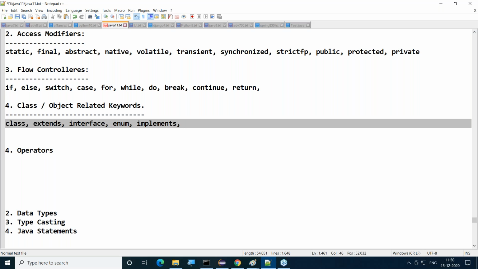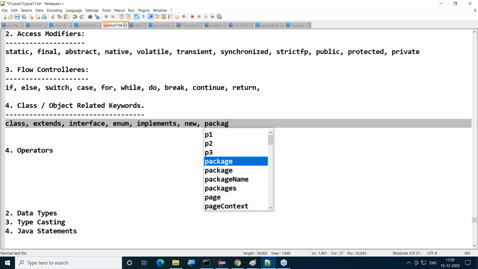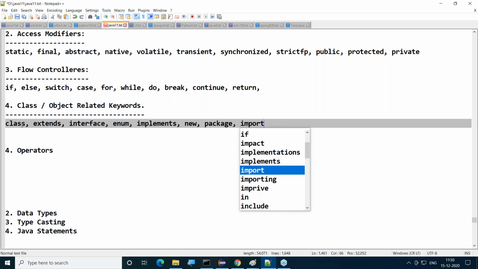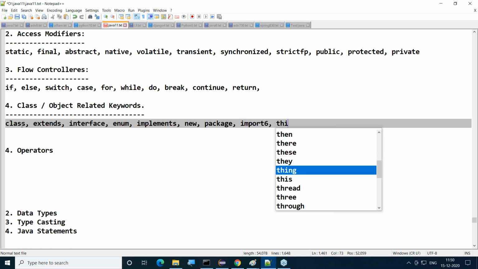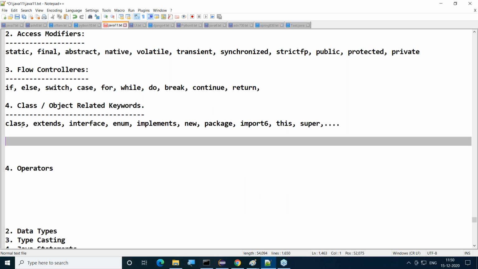Then after completion of this implements, what next? The new keyword, package also comes under that, and import, this keyword, super keyword, and so on, if anything is remaining here.